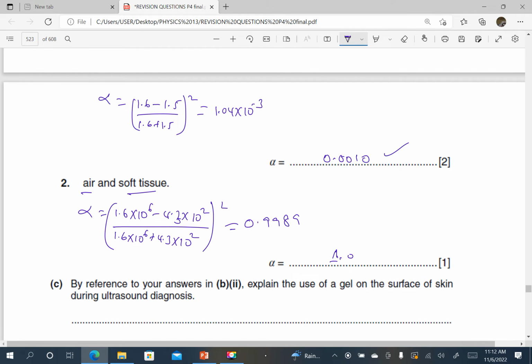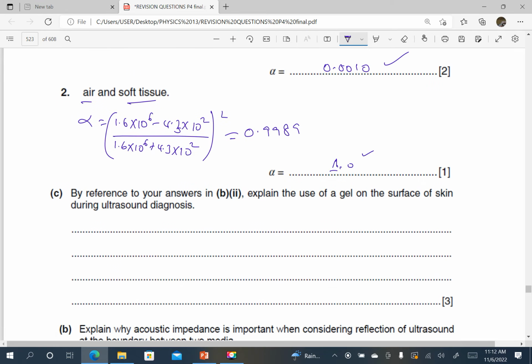But when there is no gel, it is air, soft tissue, almost all that is incident on the skin is reflected back. So we say that there is little transmission.